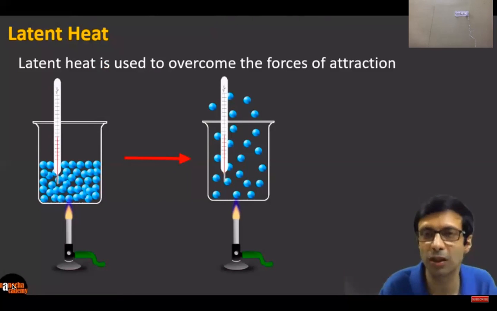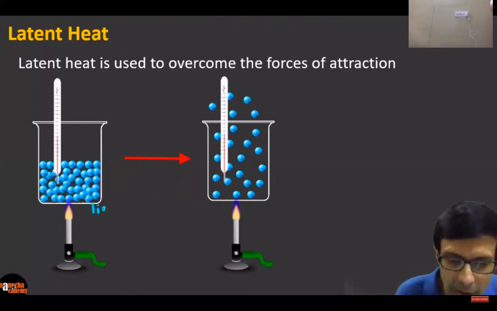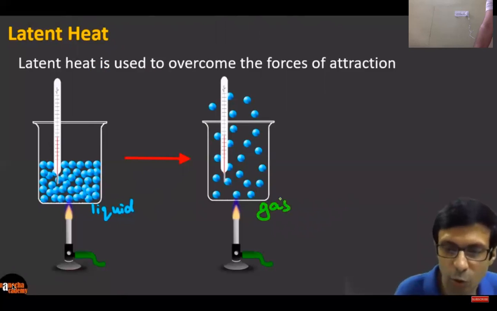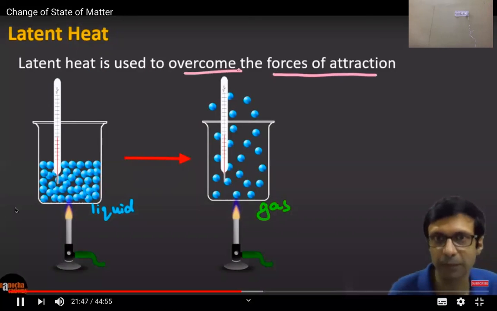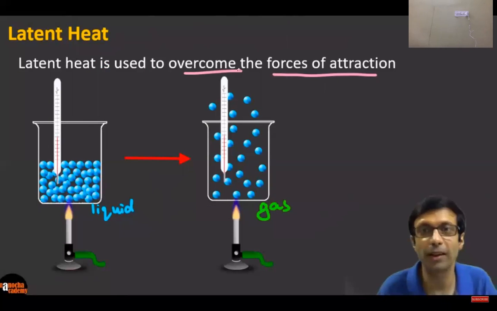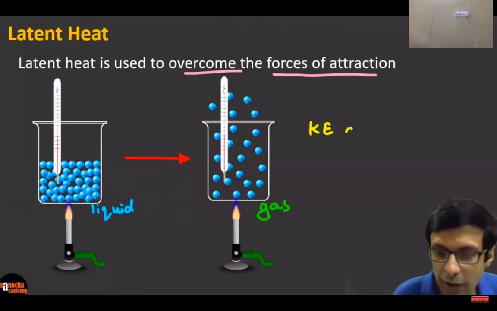It's breaking those intermolecular forces and changing it from a liquid to a gas, as you can see here, right? So the latent heat is used to overcome the force of attraction, right? And this is the important point. The kinetic energy is not increasing, right? So kinetic energy does not increase here.